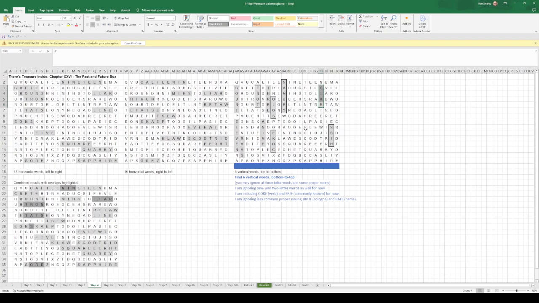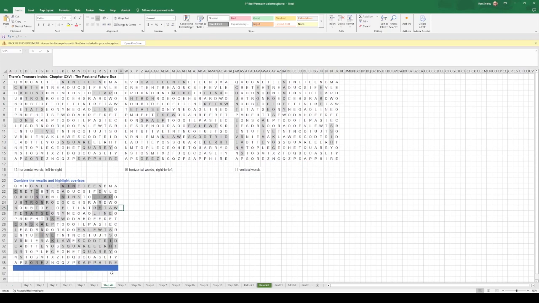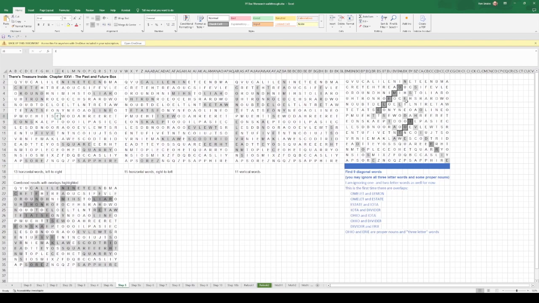Okay, so point being, you've got a bunch more words starting to overlap. We've got 13 horizontal left to right, 15 right to left, 11 vertical. We now have to look at the diagonals. I'm seeing a lot of overlap within this construct.